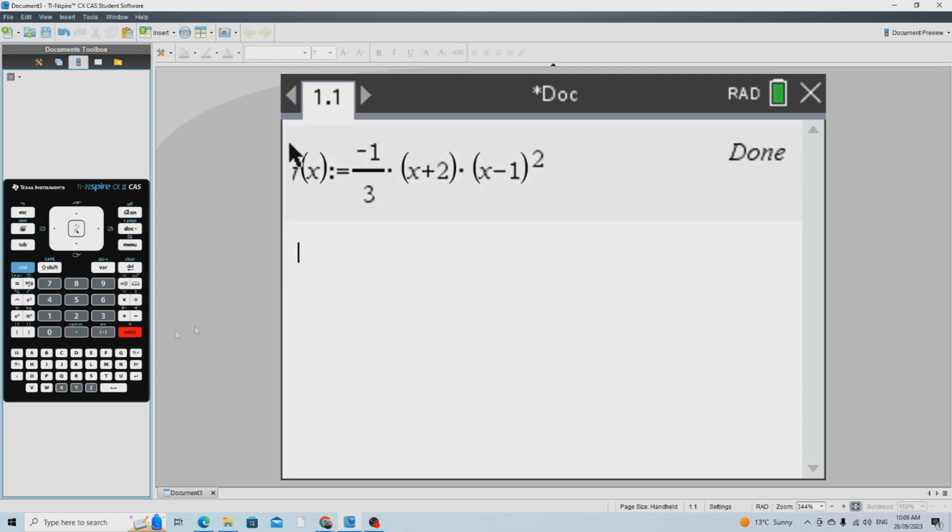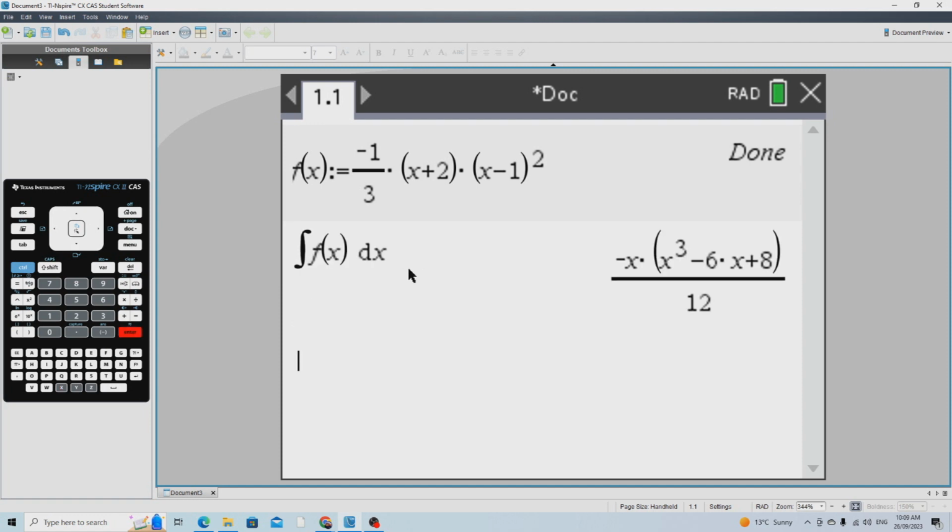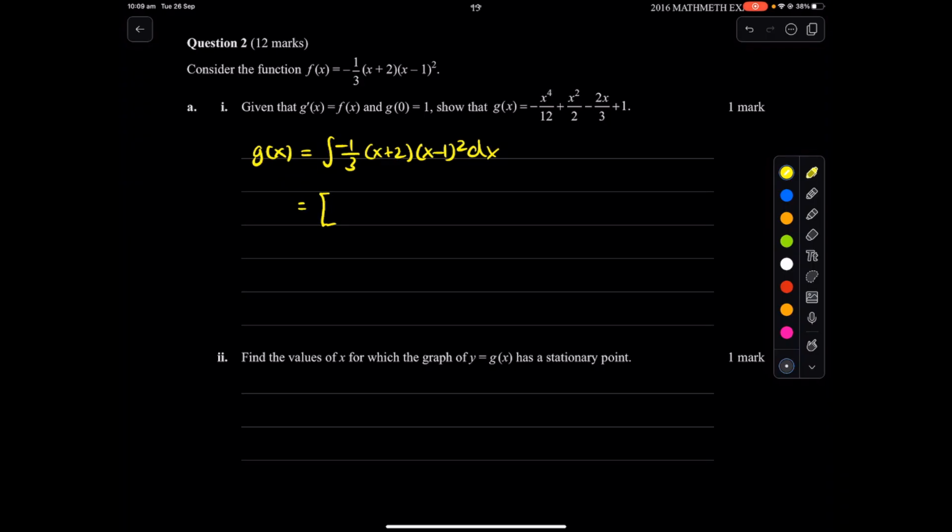What we want to do is integrate f of x. So what's the integral of f of x dx? It integrates to negative x cubed minus 6x plus 8, over 12, plus c. So this is your g of x.